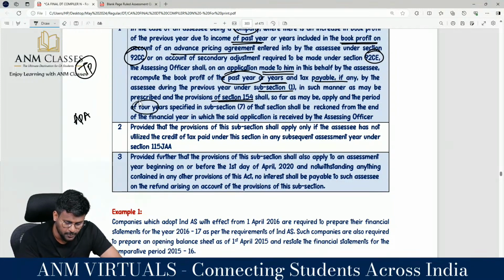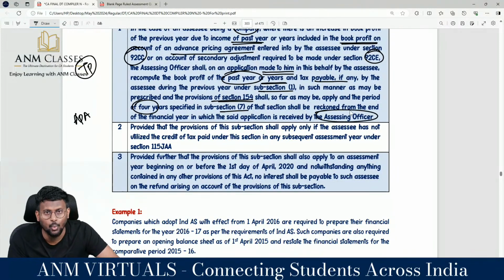The period of 4 years specified in 154 subsection 7 shall be reckoned from the end of the financial year in which the said application is received by the AO.